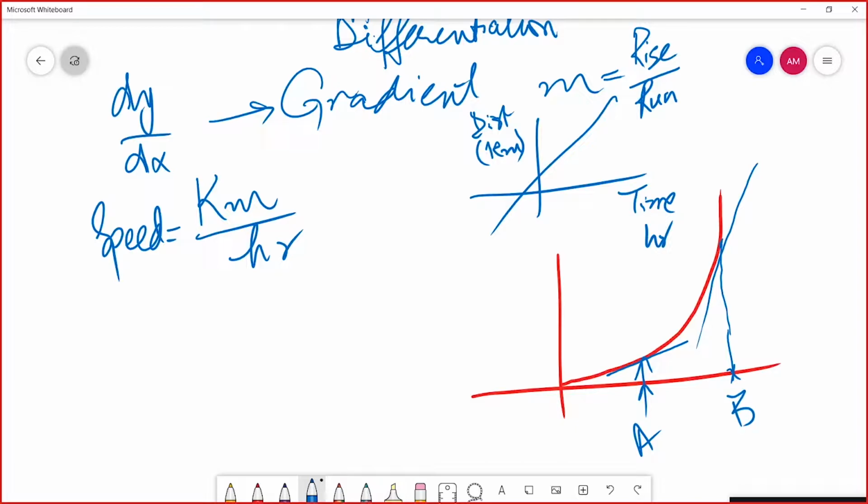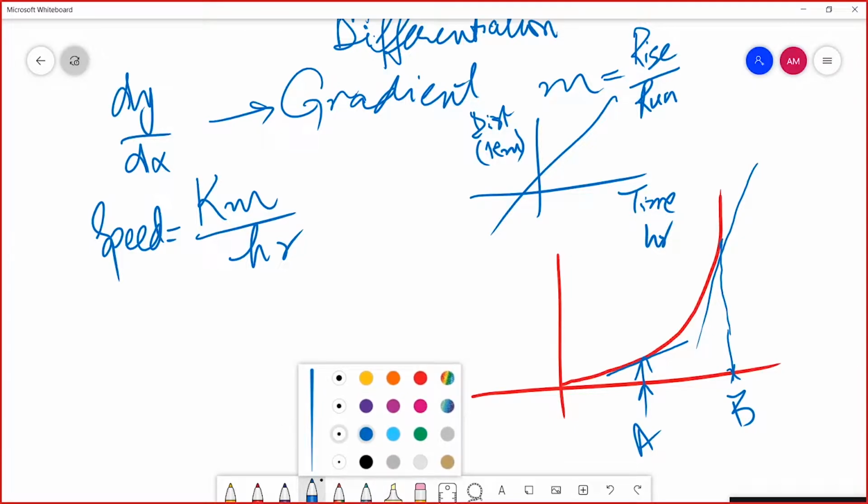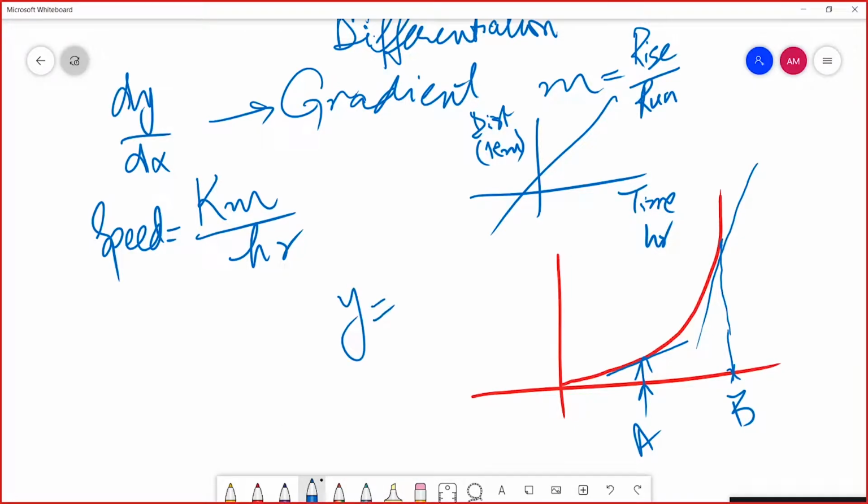Point B it is. If we are given the equation of this red curve, I do not know what the equation is, but I can put one just to make you understand. Let's say this equation is y is equal to x cube plus 2x square plus 3. I'm just making it up myself.